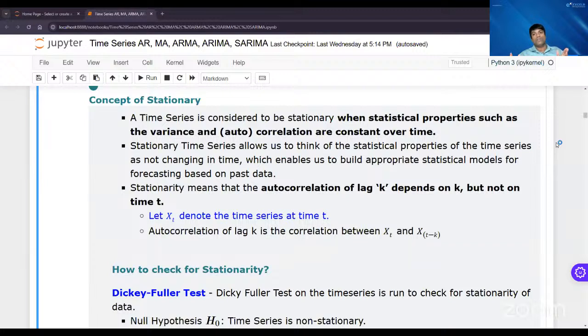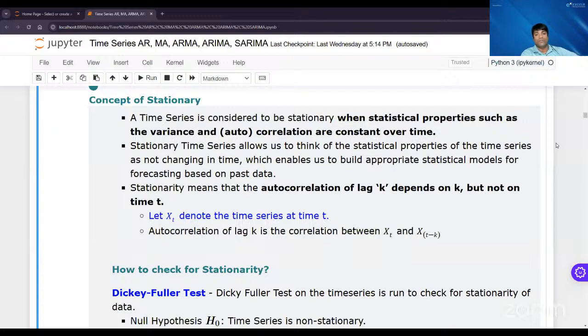When we calculate the correlation between time series data and the lagged values, the correlation depends upon the lag, but not the time. That is basically what autocorrelation is. If this happens, we can say the data is having autocorrelation. I'll explain it in even more detail when I talk about lag and all those things.